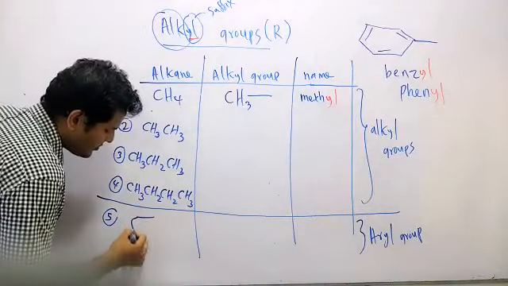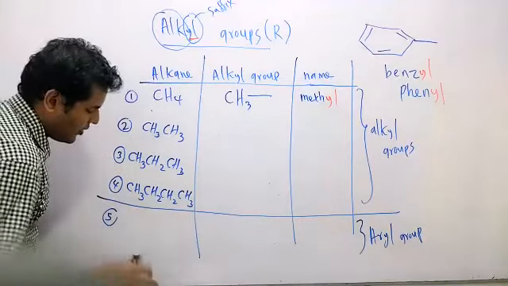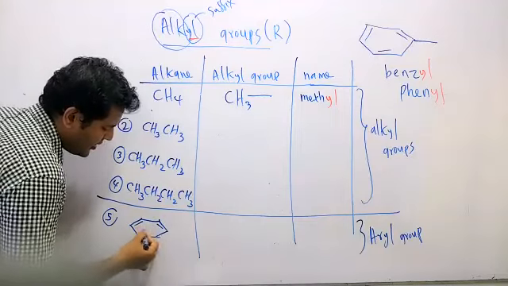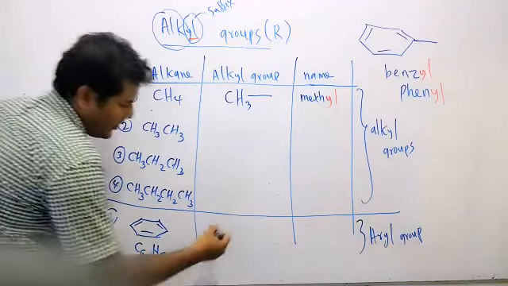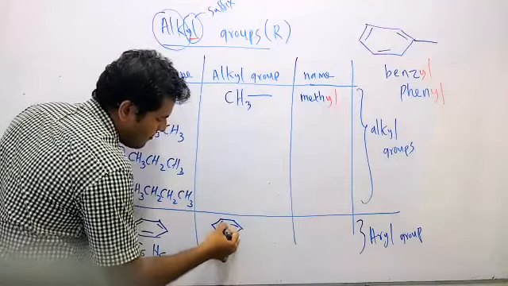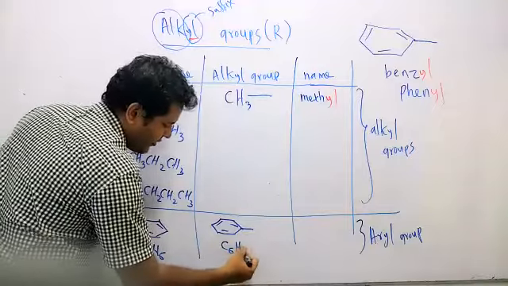Benzene is C6H6. From that C6H6, we can remove one hydrogen, and you get this, known as C6H5.